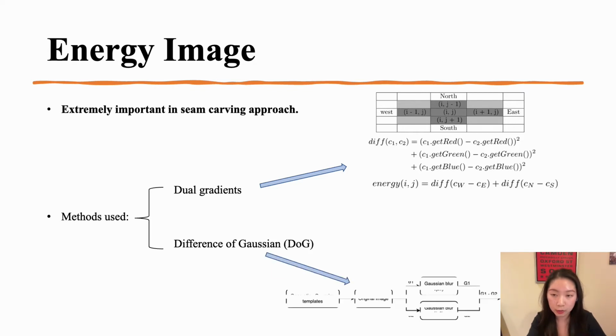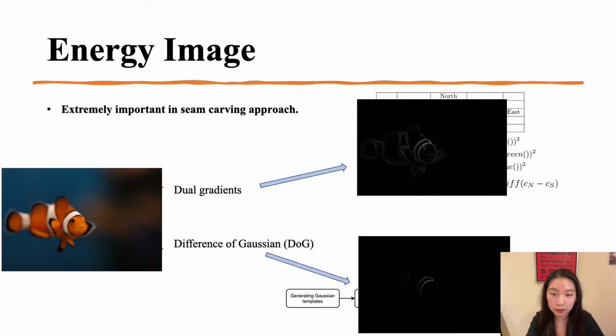I use the DOG method for replacement, which uses different Gaussian kernels to convolve and then subtracts to obtain the energy image. Using the fish as an example, the results of the two methods look like this. It can be seen that the dual gradients result looks better, so the following steps will use the dual gradients energy function.